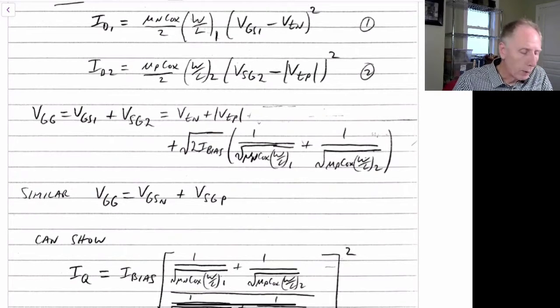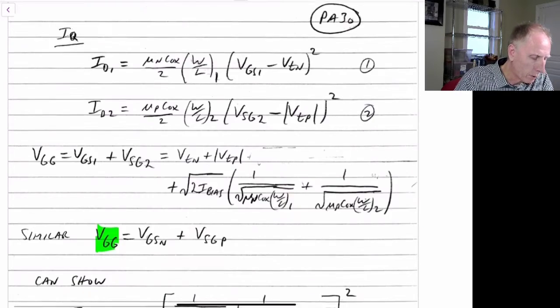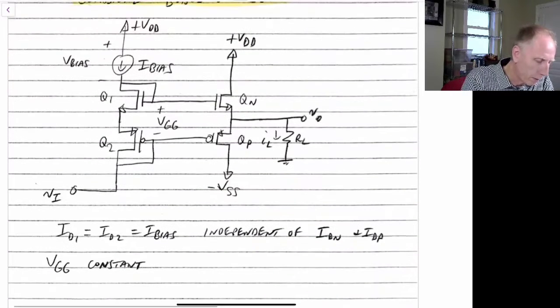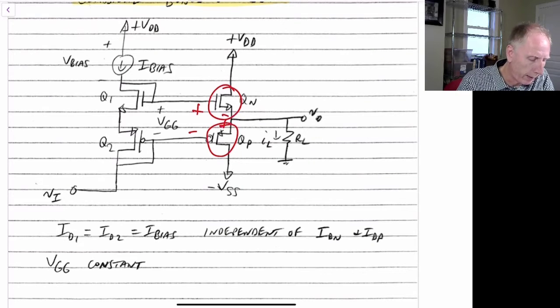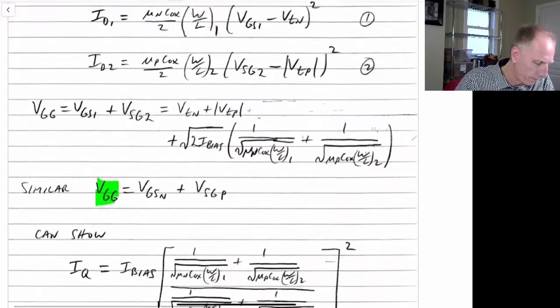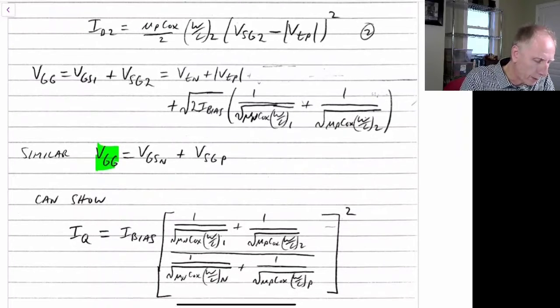That is how we generate VGG. But of course VGG is also equal to the gate to source voltage of the NMOS transistor plus the source to gate voltage of the PMOS power transistors. So these two also have the same VGG as the sum, and we also have this equation here.